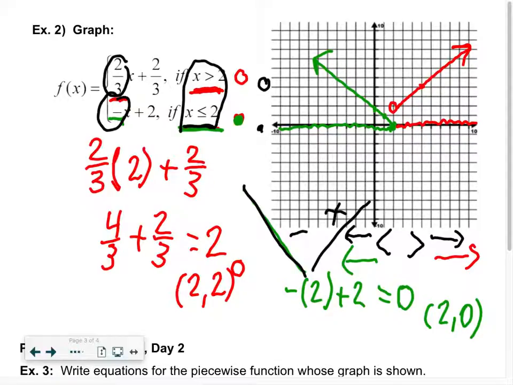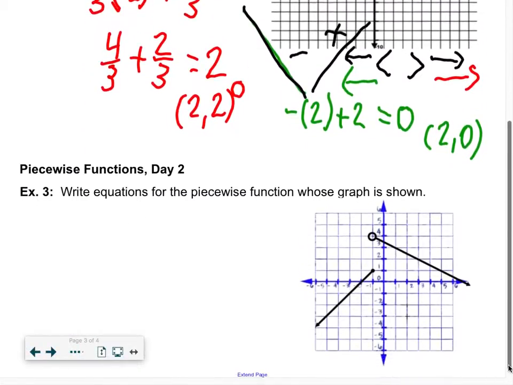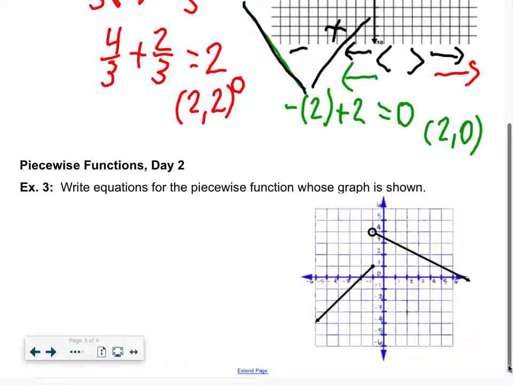Okay, so we're going to write equations for the piecewise function whose graph is shown. First off, okay, I lied, not first off. So we have f of x equals the fancy bracket. I don't really know what the name is.